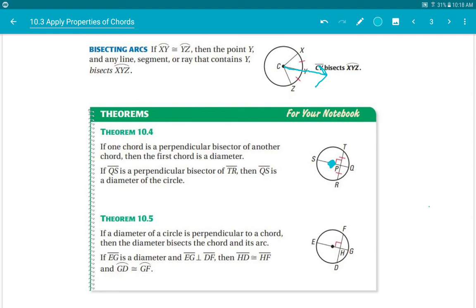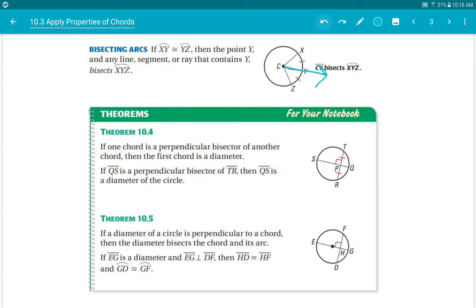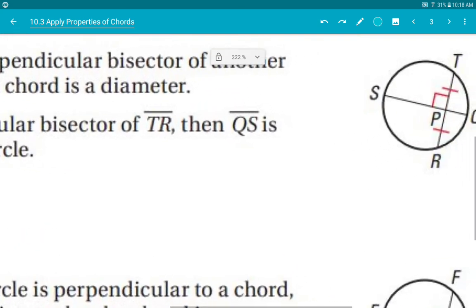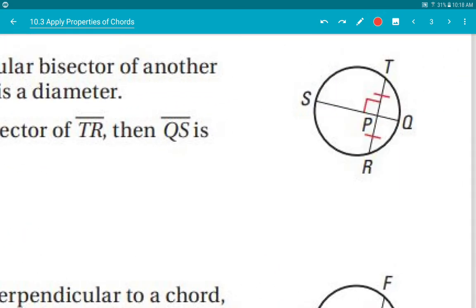Now, the idea behind this comes from, if I zoom in a little bit here, that you're going to have a center point here, and notice that the radius can be drawn here and the radius can be drawn here.